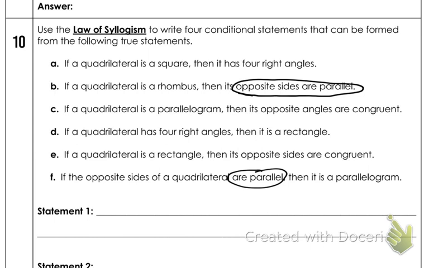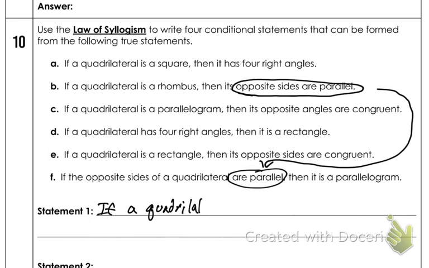This one can be pasted onto this one. So one of our statements can be, if a quadrilateral is a rhombus, and we pasted that together with F, we're just going to end in, then it is a parallelogram.